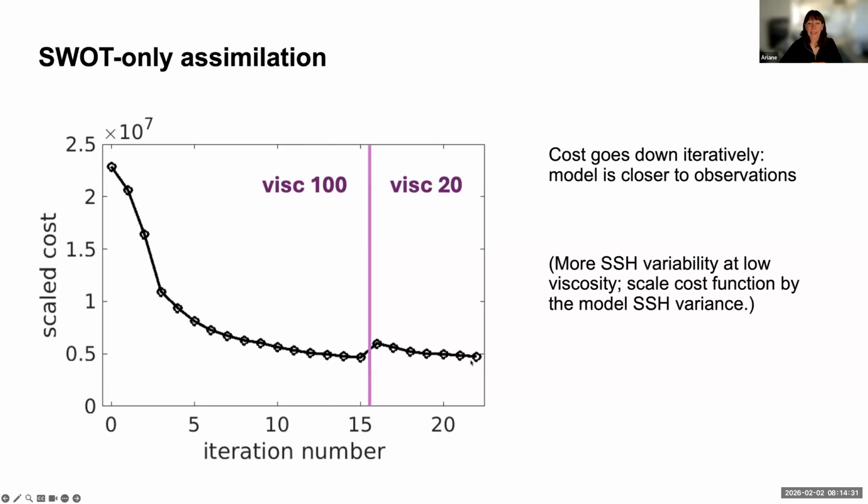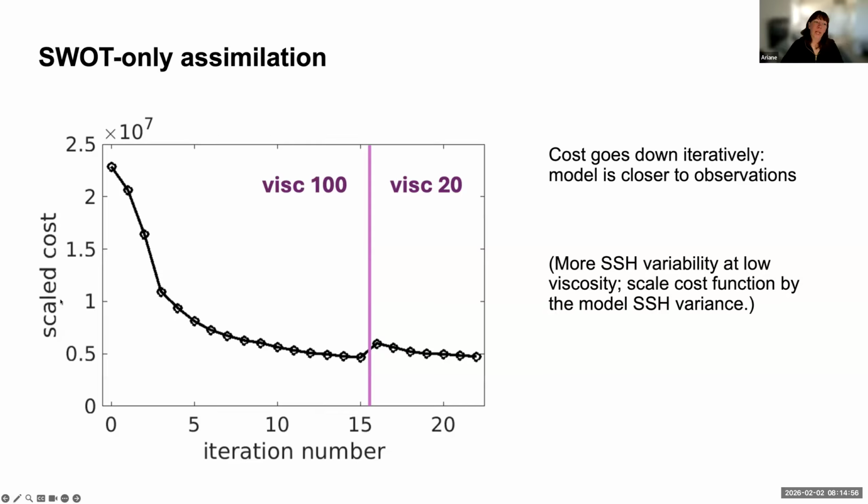It starts decreasing. It goes back to about the same level as it was with the higher viscosity. But more importantly, the adjoint doesn't blow up now. If we had tried to run the adjoint at low viscosity from the get-go, and we did, the cost will not descend because it's not well behaved.